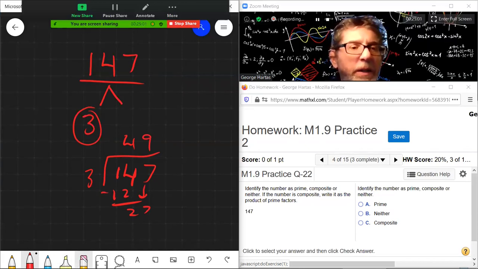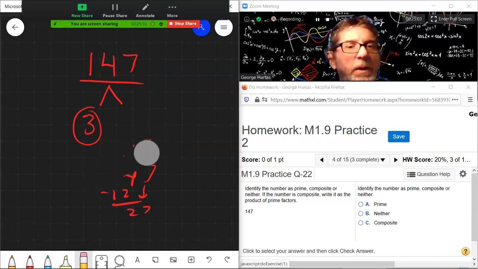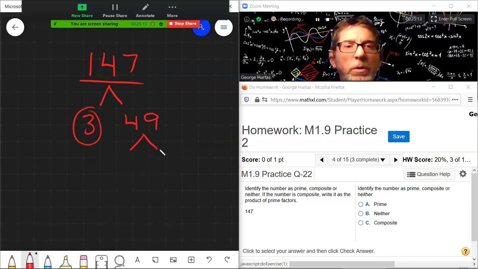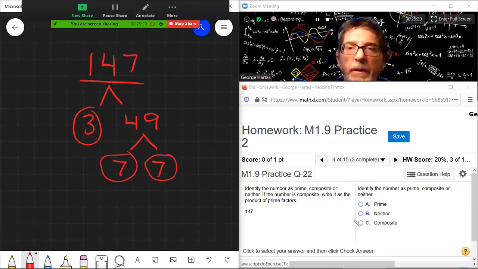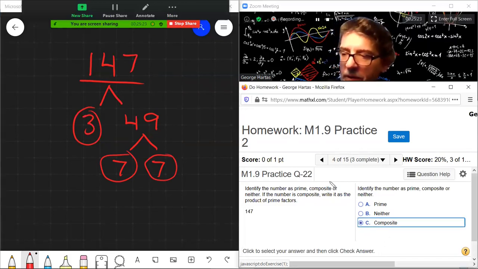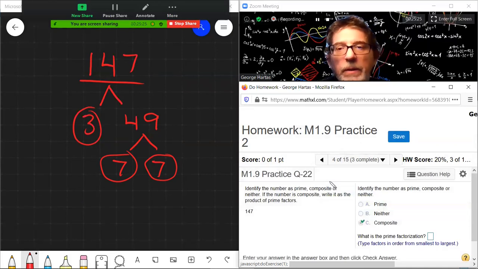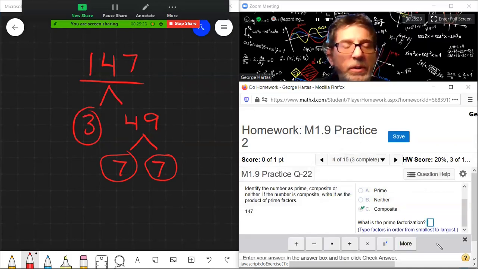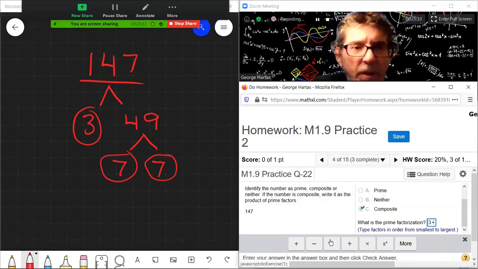Aha, 49. 3 times 49 is 147. And using your multiplication table knowledge, you know that 7 times 7 is 49. So we have a composite number. And the prime factorization is 3 times 7 times 7.